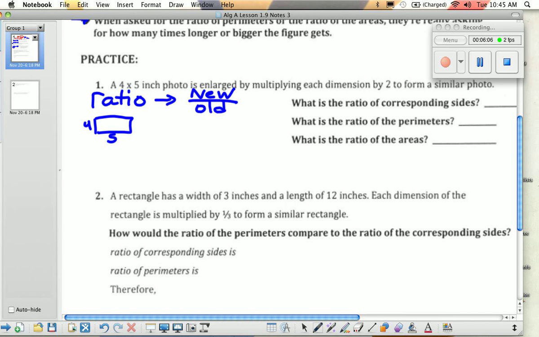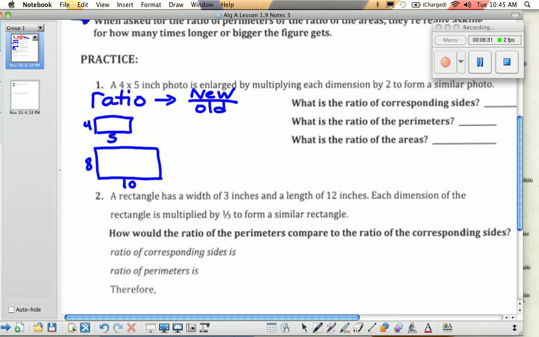So we're going to double the side length, right? So we're going to make this width double, and we're going to make the length double. So what would the new length be? Instead of 5, it would be 10. And the new width, instead of being 4, it will be 8. Okay. So there's our photo that we enlarged.